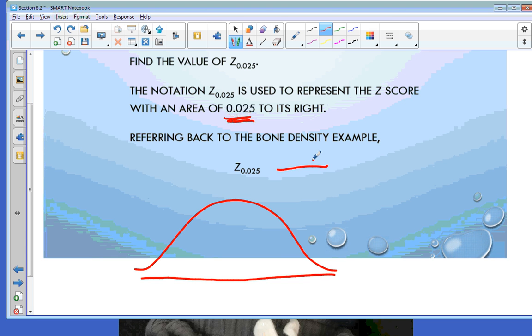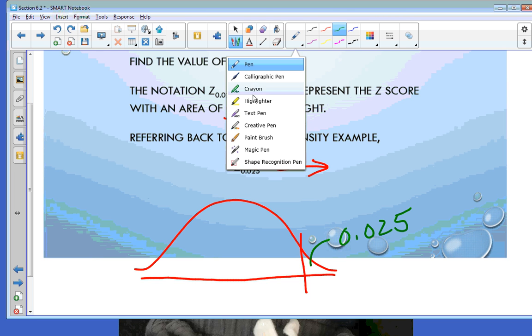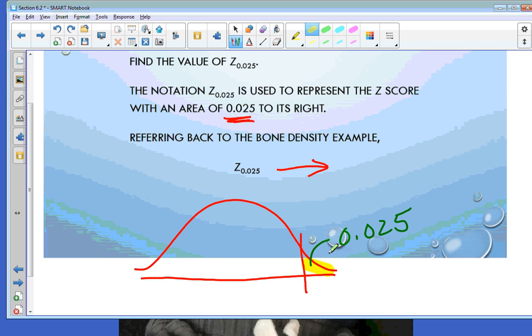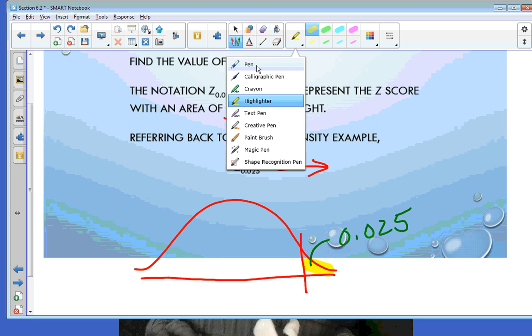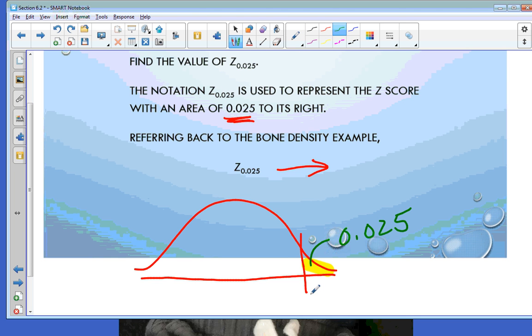Well, that means right is this way. So it's going to have to be this little area down here, and that area has to be 0.025, this little area. And just a few minutes ago, we did look in our table and we found that to be 1.96. So obviously there's going to be a way to do that on our calculator.